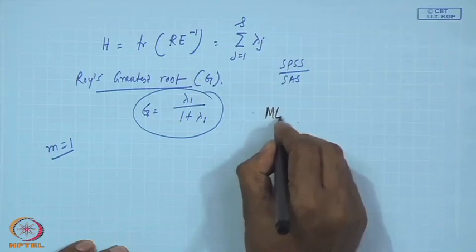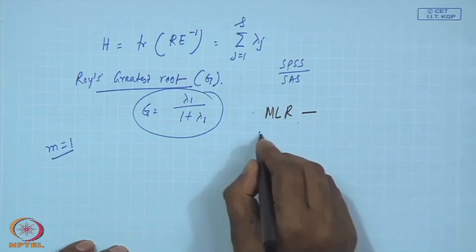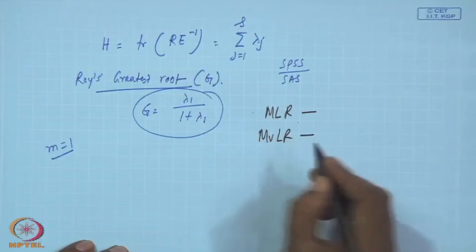If you find yes these are contributing, then if you go for single MLR, that means multiple linear regression instead of MBLR, absolutely no problem.